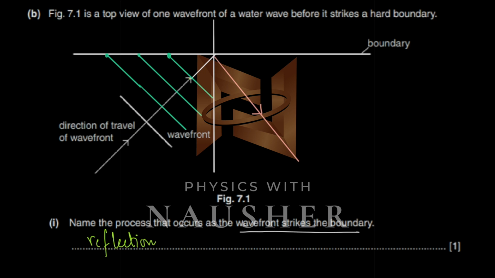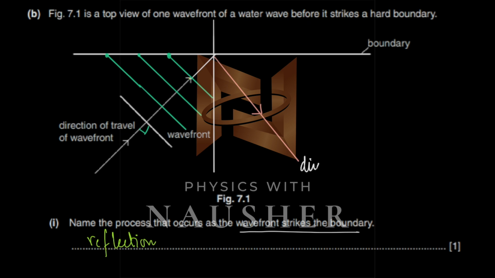Just like what I explained to you earlier. And if I ask you this question, can you guys tell what is the angle between the wavefront and the direction of travel? Is it 90 degrees? So always remember that the angle between the direction of travel and the wavefront is 90. So if this is your direction of travel, then the wavefront must be at 90 degrees to the direction of travel.